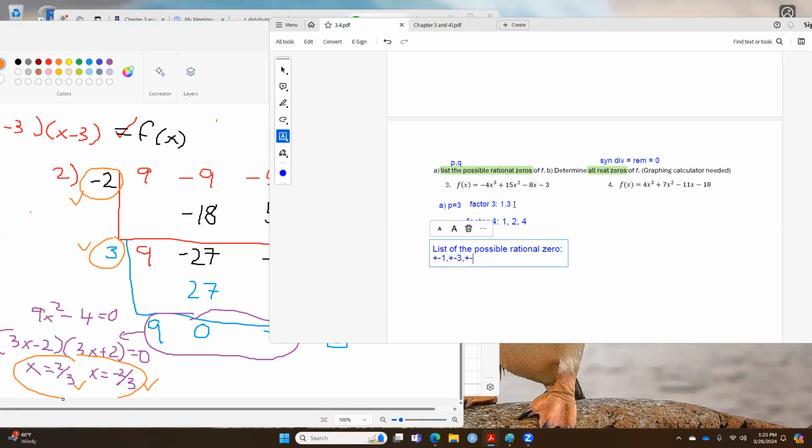You take the 1 and 3 again, and now you divide by 2. So you get 1/2 and 3/2. And then the next one is take the 1 and 3 and divide by 4. So you get 1/4 and 3/4. So these are your possible rational zeros in this case.